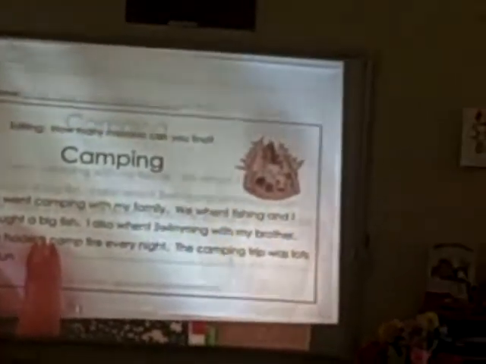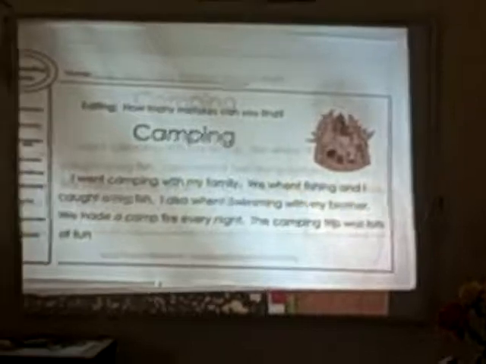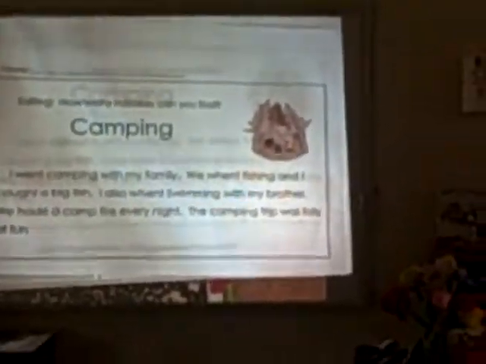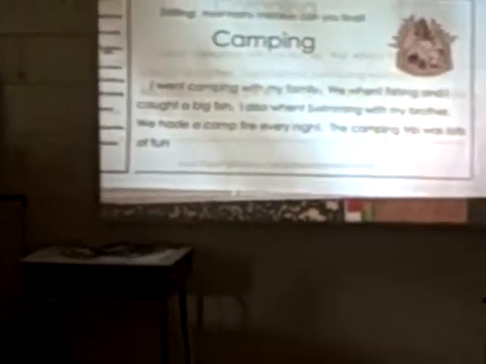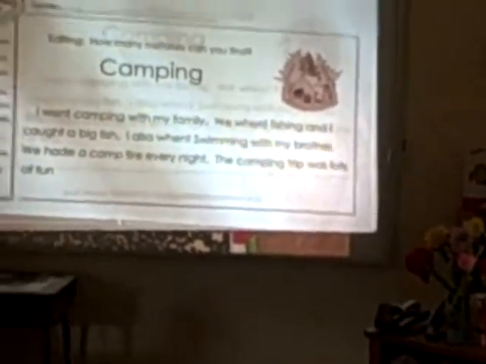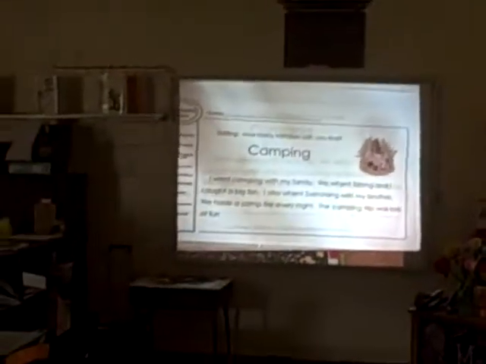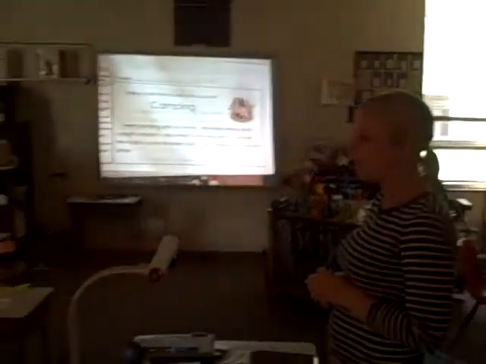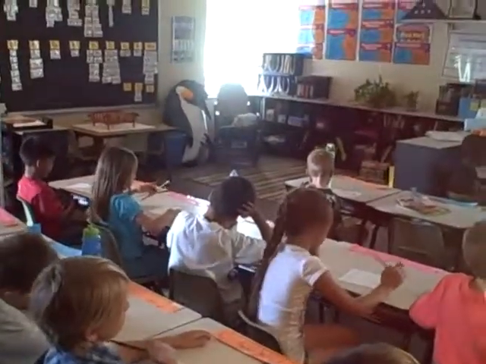All right, let's go over this. How many mistakes can we find in this? Okay, it's called camping. Caitlin, can you read the first sentence for me, please? I went camping with my family. Now, what's the mistake that we see first off, Haley? There's no capital at the start of the first sentence. There needs to be a capital in the first sentence.